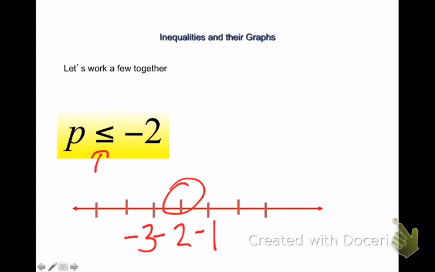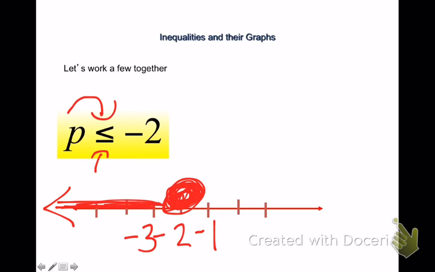You're still going to do the circle, but I wonder if you can guess what you're going to do. Because -2 is a possible solution, I'm going to fill in the circle this time. So instead of leaving it open like I did before, I'm going to fill it in. But I'm still going to shade my number line, and because x is less than or equal to -2, I'm going to shade it to the left.